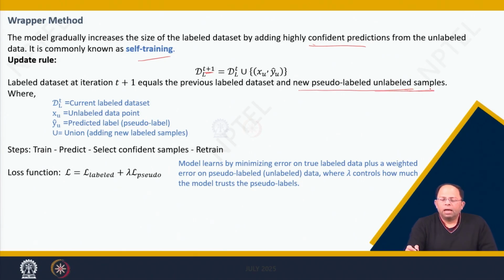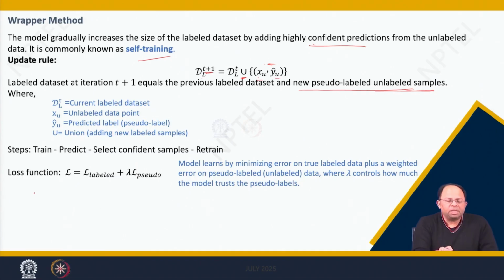This is a union sign, which means we are also adding the pseudo-labeled samples. This is (X, Y), where X is the features and Y is the pseudo-predicted label. So we are adding both of them together to give the final outcome.